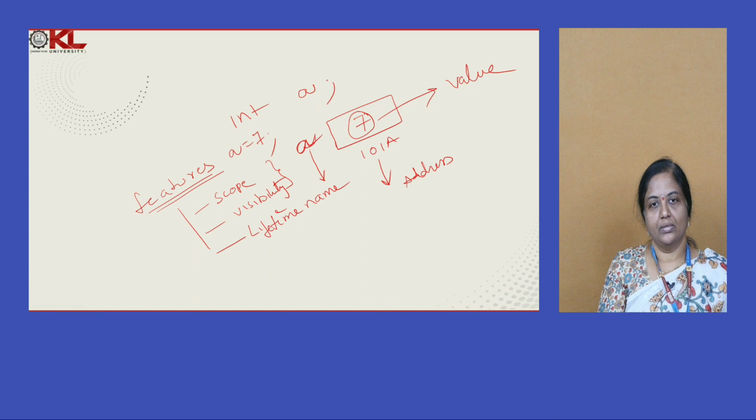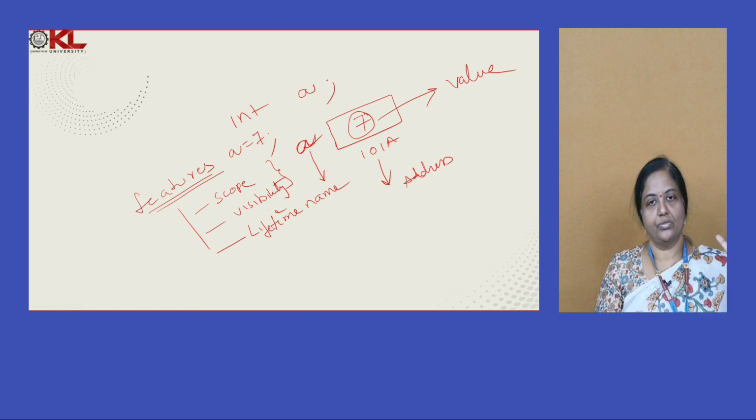See, C programming is a function oriented programming language. It means you can have n number of functions based on your requirement. You divide the problem into sub-problems, that means sub-functions, and combine them.